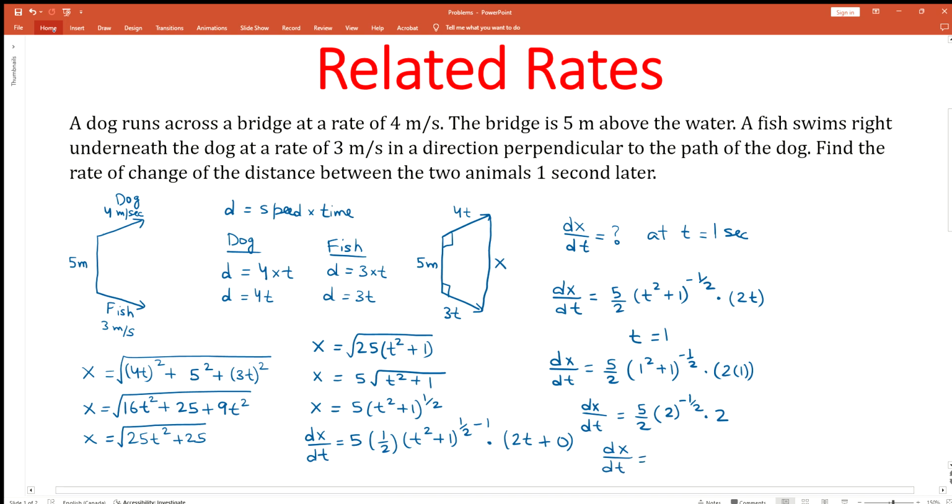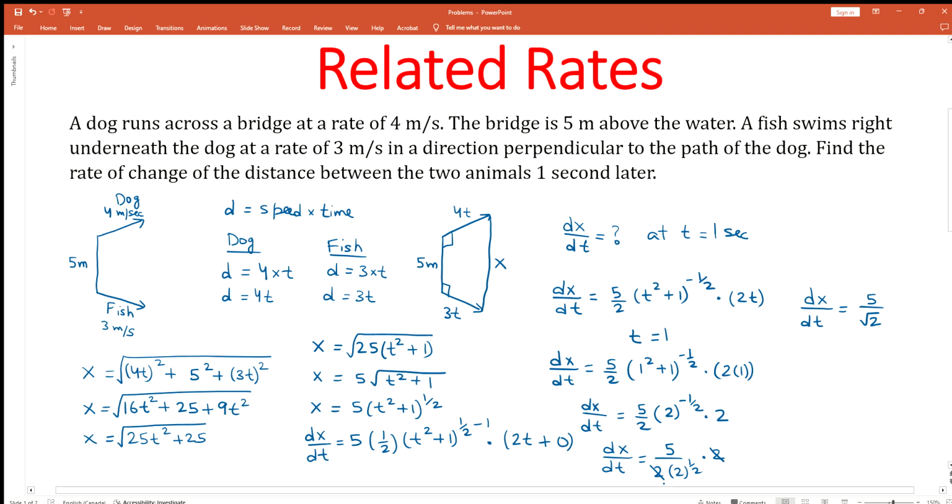Next, we should move the term 2 with the exponent negative half to the denominator to make the exponent positive. Next, we can simplify this expression. We can cancel out the 2's. Exponent half is equivalent to square root, so we get square root of 2 in the denominator.